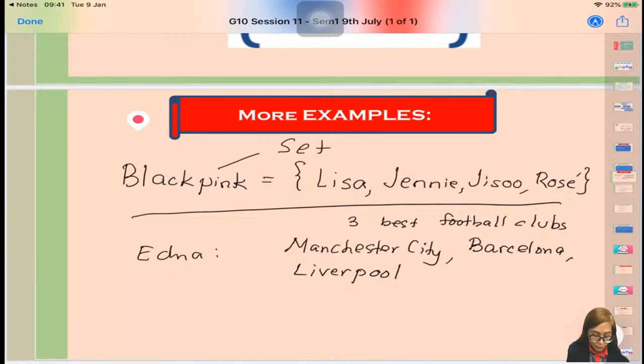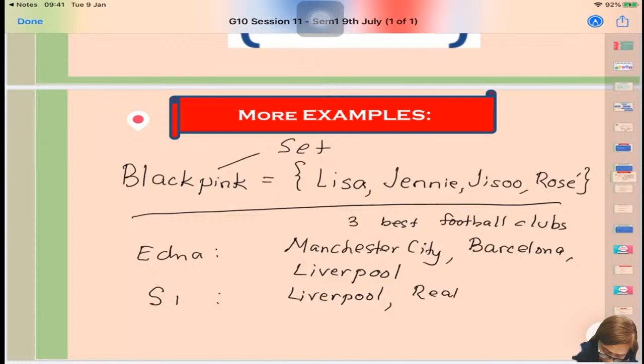And your answer, for example, is for student number 1, you will say, Miss, no, I think you're wrong. So your 3 best football clubs maybe is, Miss, the first maybe is Liverpool, then Real Madrid. Okay, what else? Master, what is your favorite football club? Or maybe you can say, and then of course, Miss Barcelona. Yeah?